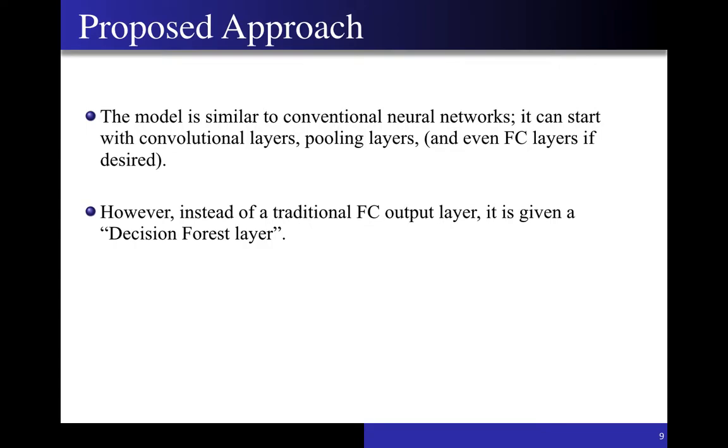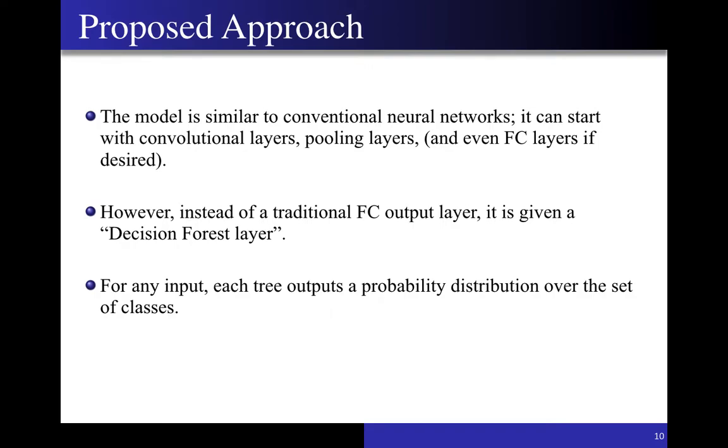So the model proposed in this paper has two distinct parts, a CNN part and a decision forest part. The CNN part can have any kind of convolutional layer, pooling layer, and even fully connected layer if there's a need for it. But instead of a fully connected output layer, it has a decision forest layer.